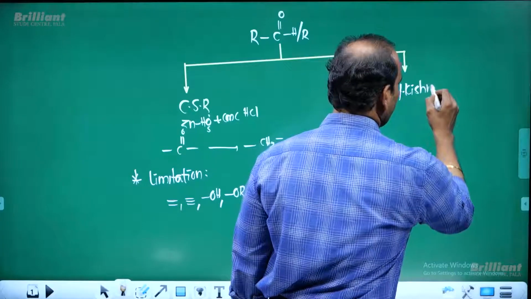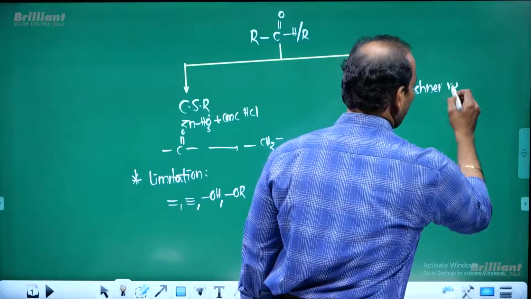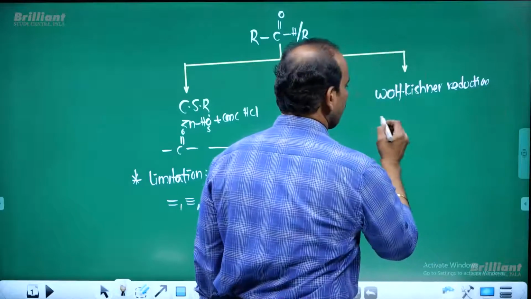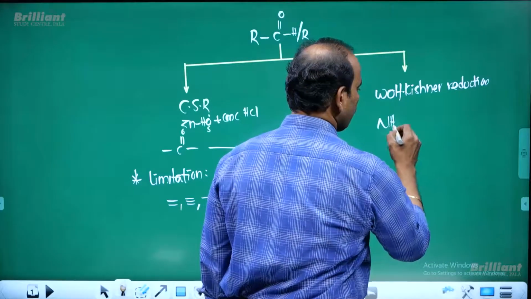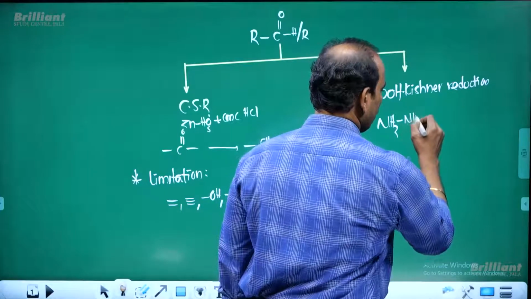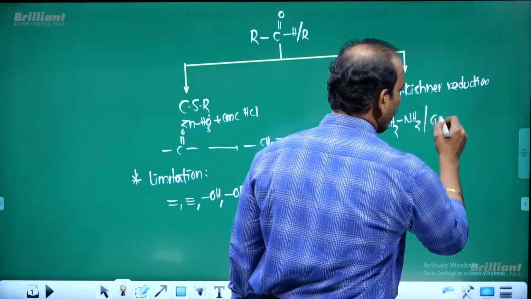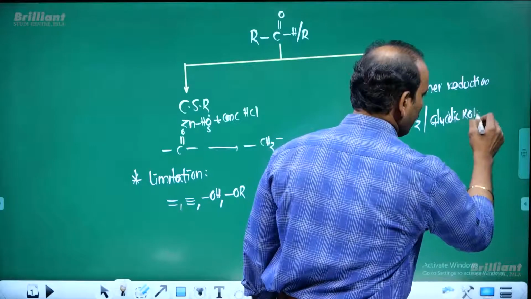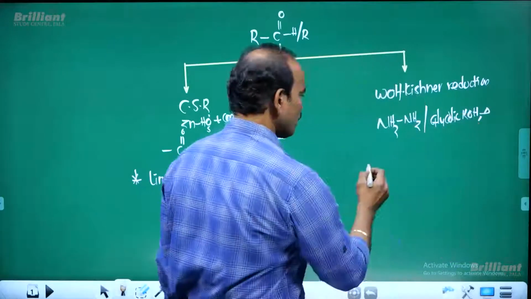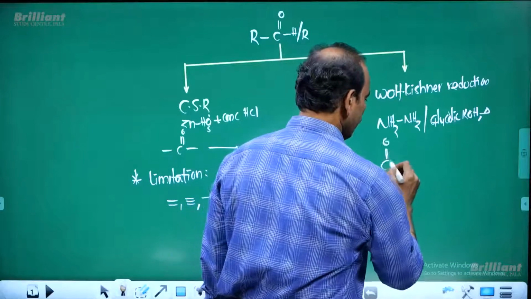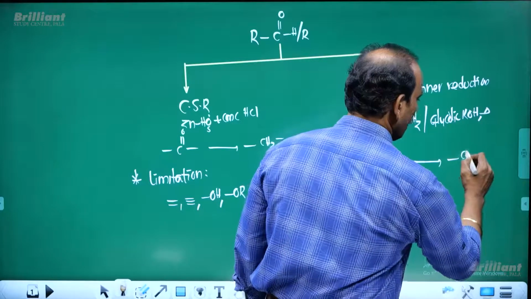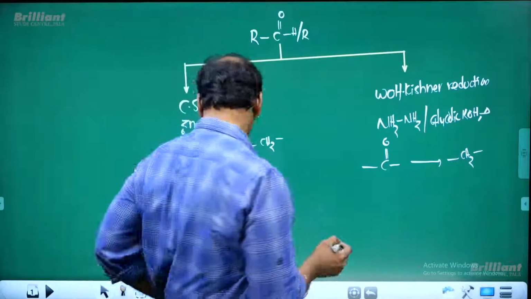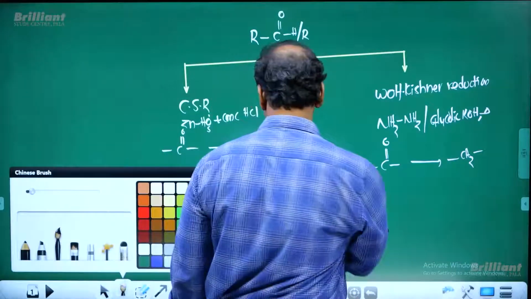Next, one more reagent is there, that is the Wolff-Kishner reduction. That is hydrazine, glycolic KOH and heat. So this is also the same. The carbonyl group in aldehydes and ketones is reduced to methylene. What are the limitations?